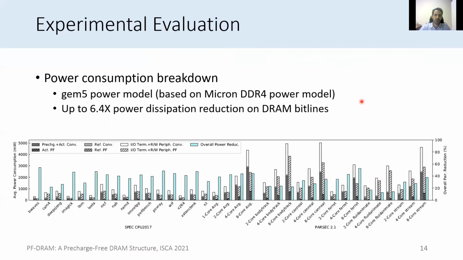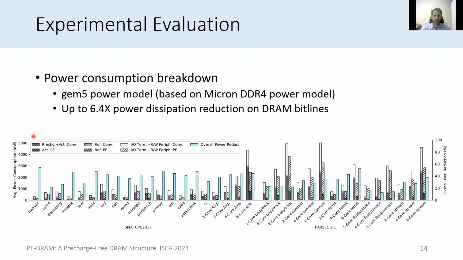And here we show the breakdown of DDR4 power consumption based on the Micron DDR4 power model. We modified the Gen 5 power model to calculate PF-DRAM energy consumption during each memory access. The I/O termination power consumption plus the peripherals power consumption is the same for conventional DRAMs and PF-DRAM, while the dissipated energy for refreshing and activating the bit lines is reduced by PF-DRAM.